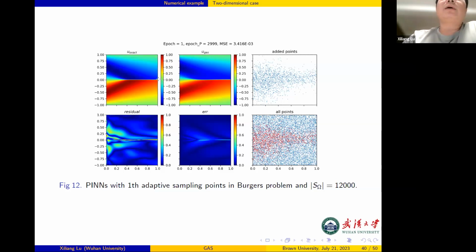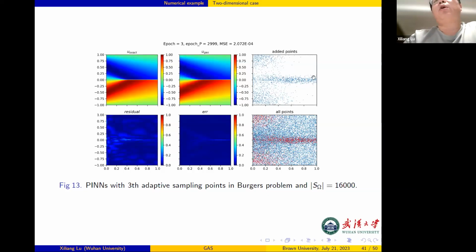Okay, for the line singularity, this is the first iteration. We add points already, and they are just nearby this singularity, also nearby the initial line. After the 3 iterations, all the added points are on this straight line and nearby the initial time. This is all the added points, and also this is the 5th epoch.